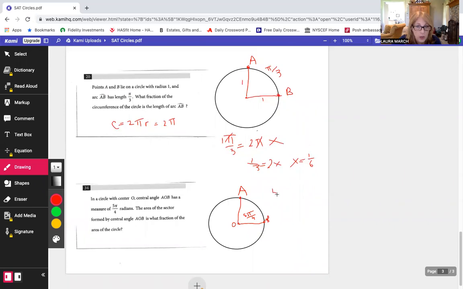So it would be helpful to convert this from 5 pi over 4 radians to degrees. And remember, pi equals 180 degrees. So I can change pi to 180 and divide by 4, and I get 225 degrees. So the central angle is 225 degrees.